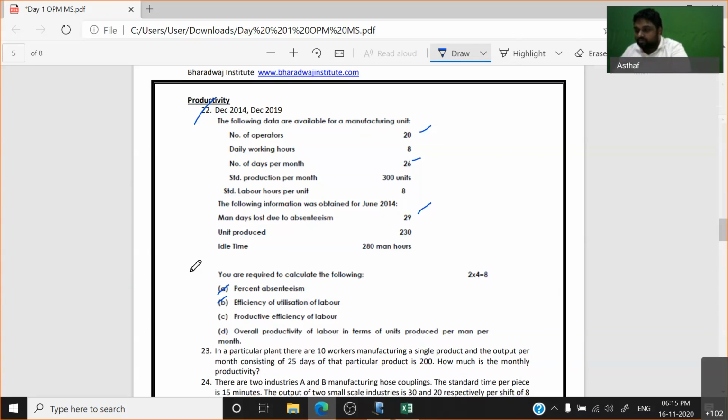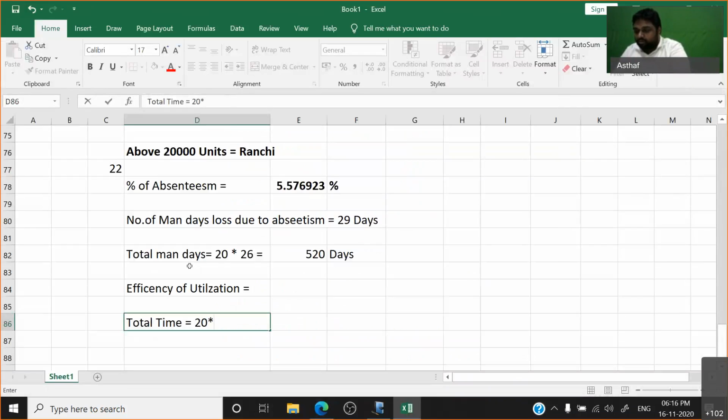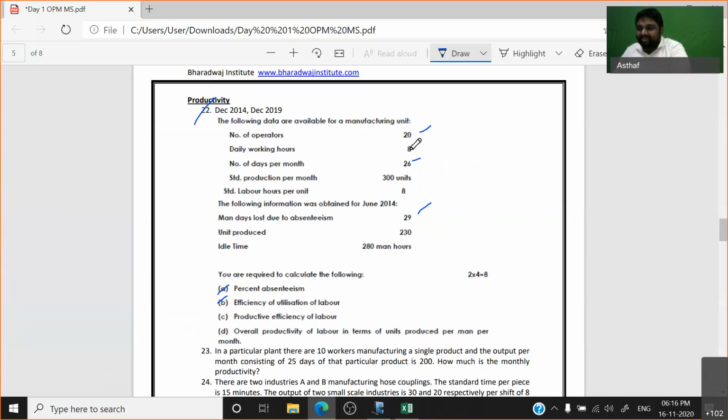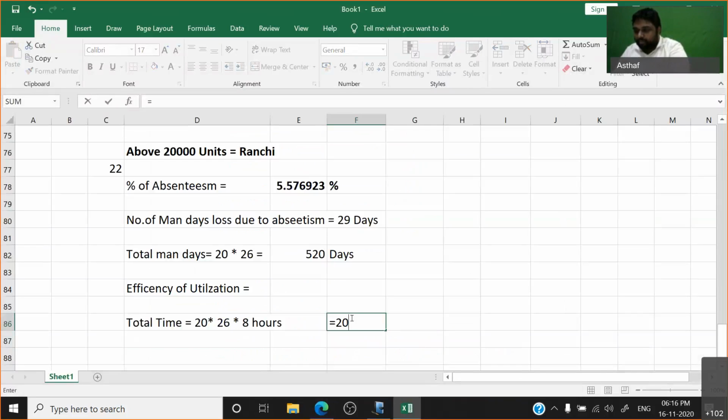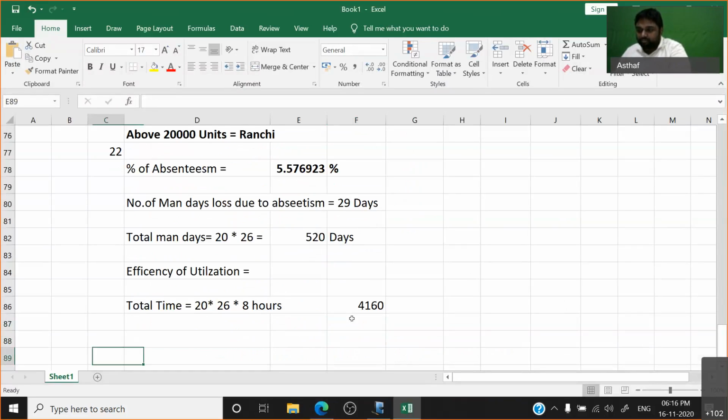See, we have 20 into 26 into 8 hours. 20 operators, 8 hours, 26 days. Yes or no? So 20 into 26 into 8 hours, 4160. Our total time is 4160.